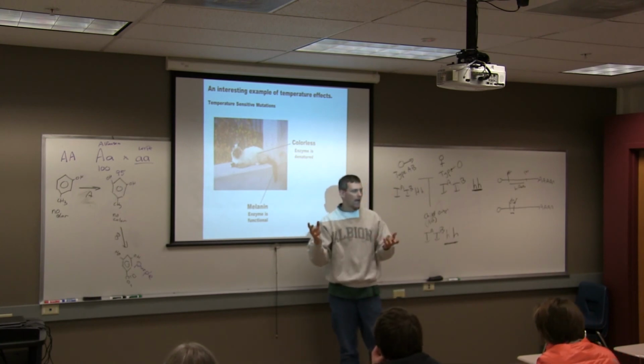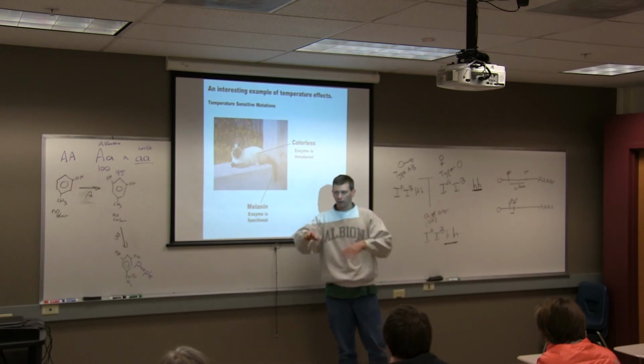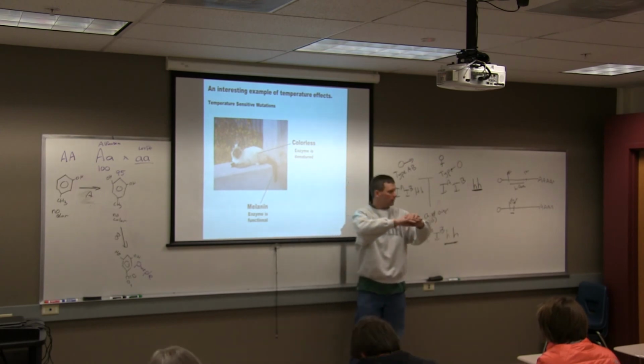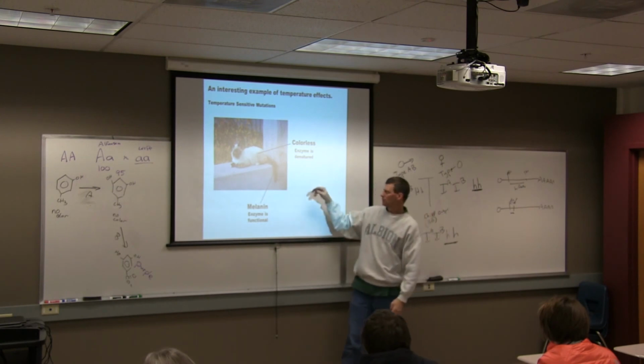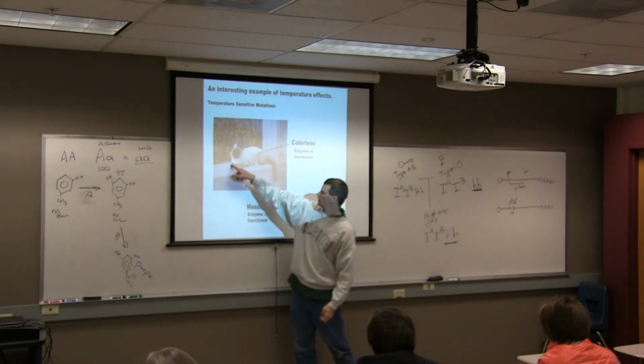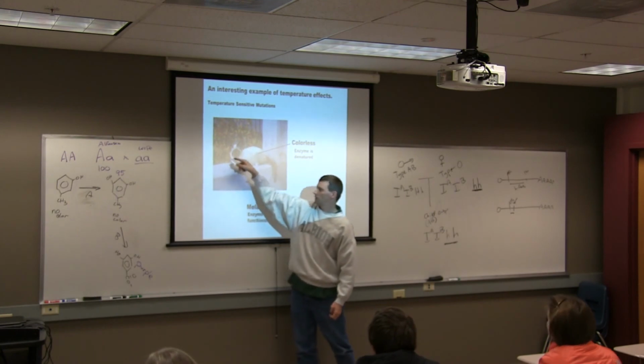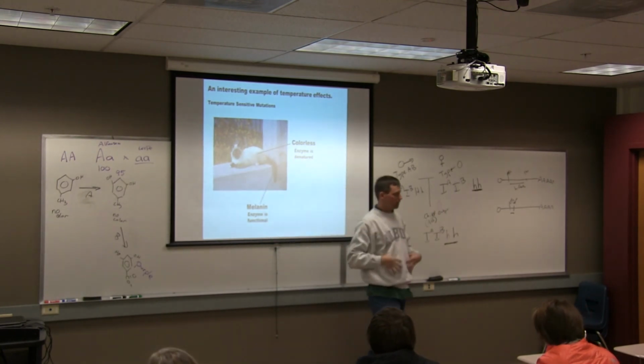But in the parts of the cat that are away from the central core, so the central core of my body here is warmer than the temperature outside of my body out here. My extremities are cooler. At this temperature, the enzyme won't denature, so the enzyme stays intact and makes the pigment. So you can get creatures where the extremities are all dark in color, the ears and the nose here, but the core of the body is light in color.